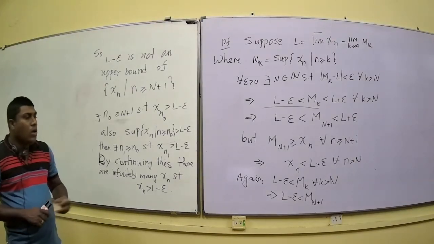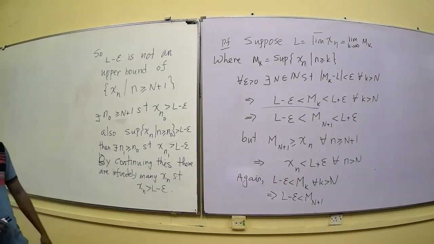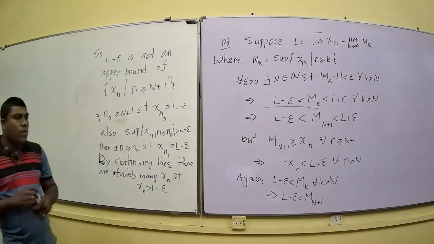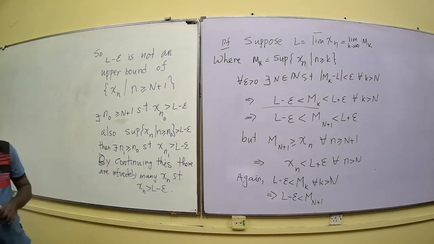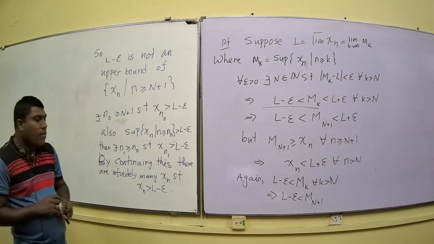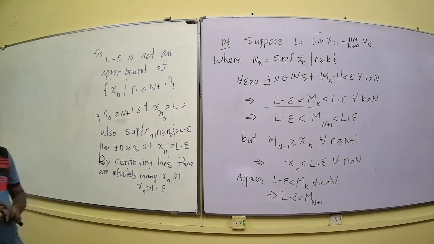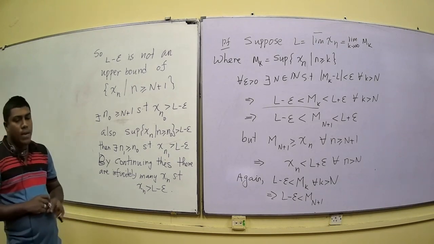Now if we assume these two results are true, then we have to show that capital L is the lim sup of the sequence, and then we will try to prove the relationship between convergence, lim sup and limit.